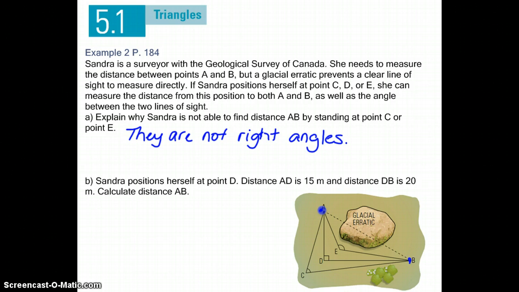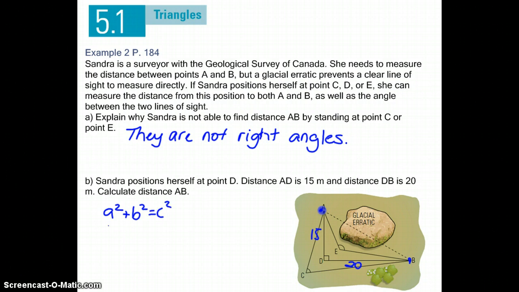For part B, she positions herself at point D. Distance AD is 15, and distance BD is 20. Good, so we have a right triangle, we need to find length of AB, so we're going to use Pythagorean theorem, which is a squared plus b squared equals c squared.